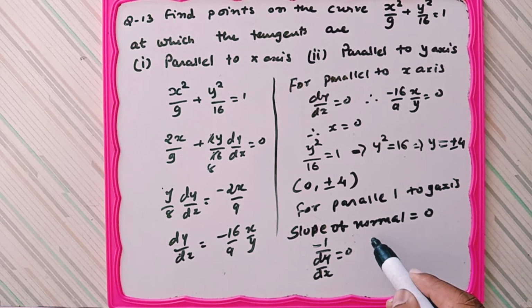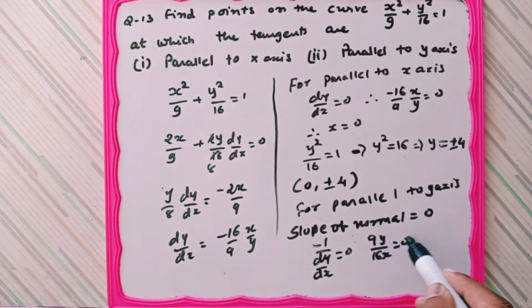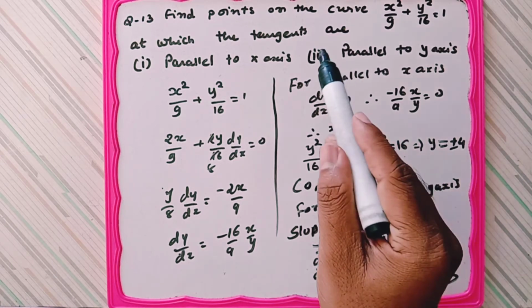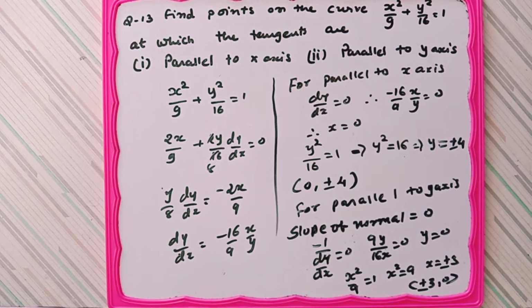So 9y by 16x equals 0, so y equals 0. So from the given equation x square by 9 equals 1, so x square equals 9, so x equals plus or minus 3, and so the required points are (plus or minus 3, 0), where the tangents are parallel to the y-axis.